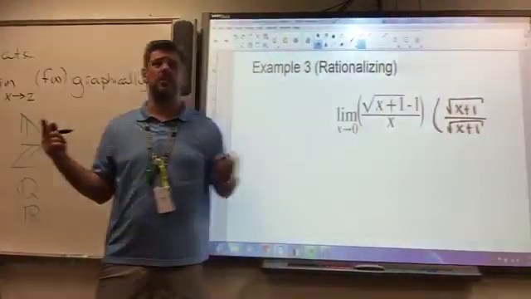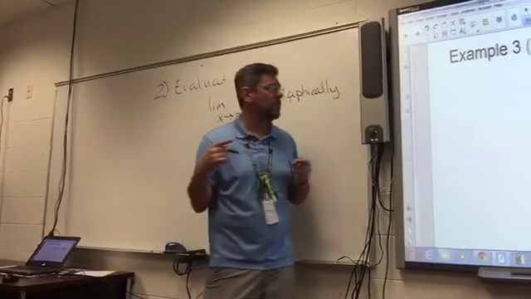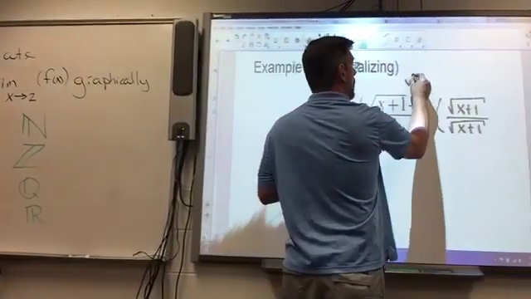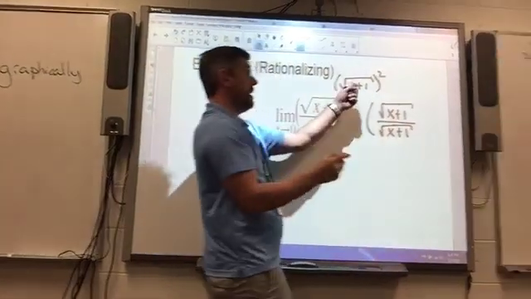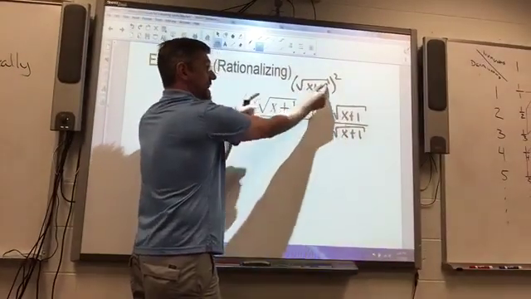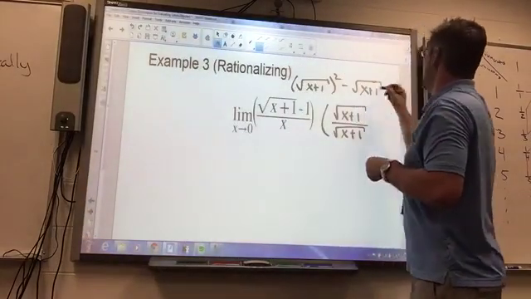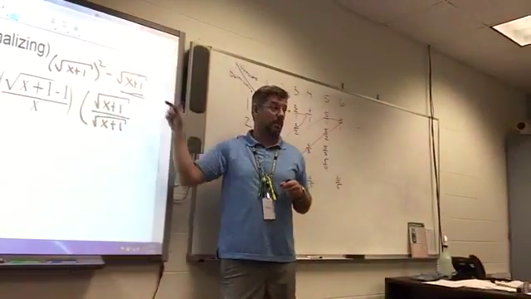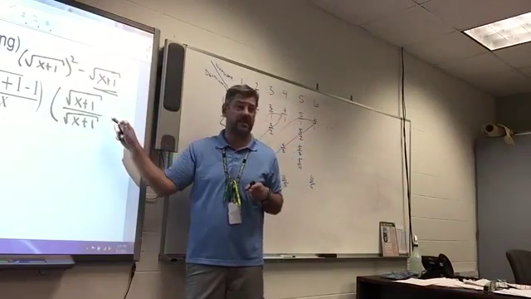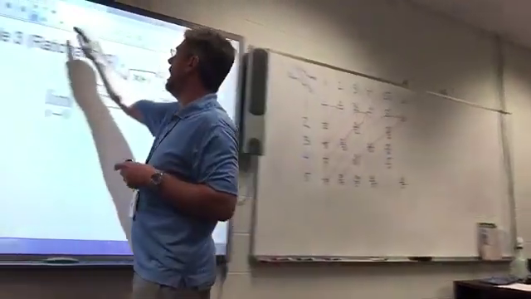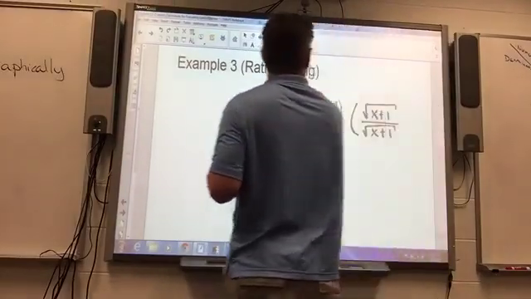Do I get rid of the radical sign when I multiply by this? No. I get square root of x plus 1 quantity squared, right? This times this gets me that, right? But then I got minus. It's this guy that's posing the problem for me, right, Kristen? So I can't multiply by this. What do I multiply by?